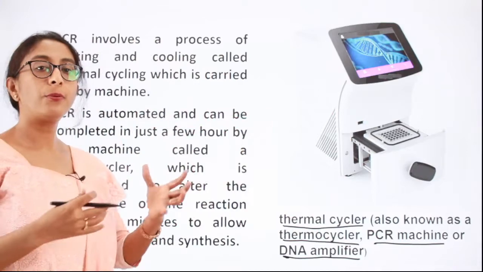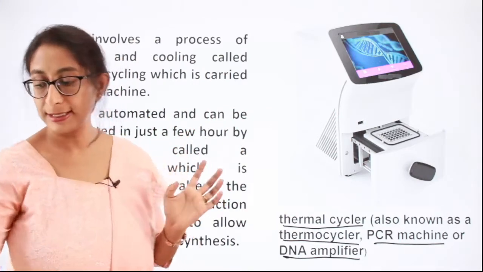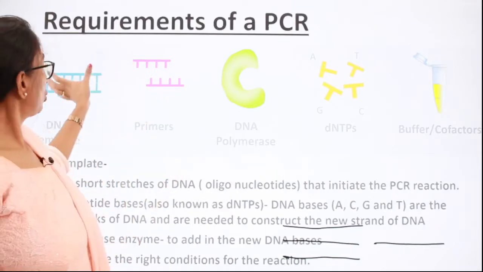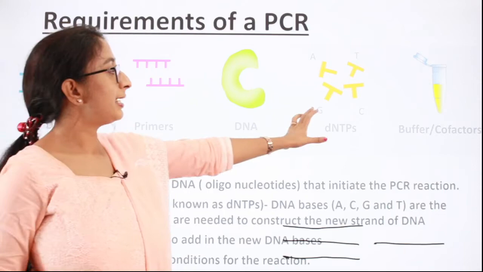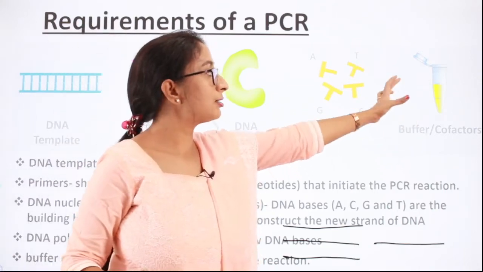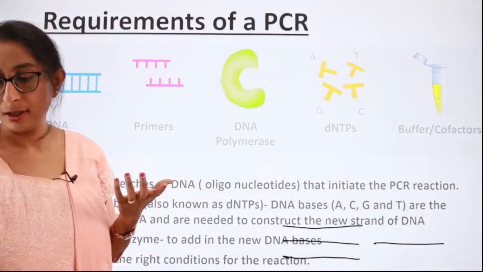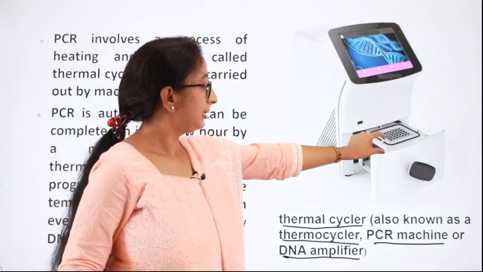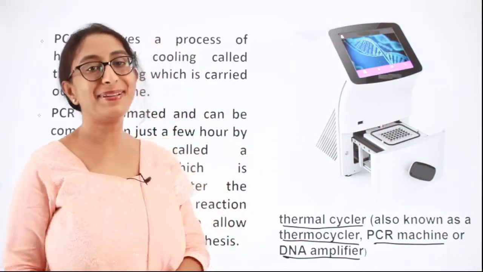What we do is we take all the components which are necessary for the PCR reaction, that is the DNA template, primers, DNA polymerase, dNTPs, buffer or cofactors. All of these are added into a vial and put into this instrument called a thermocycler, and the process of PCR begins.